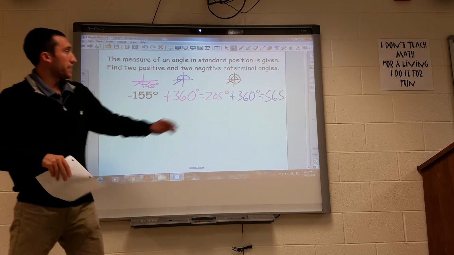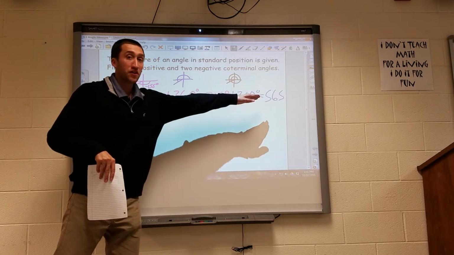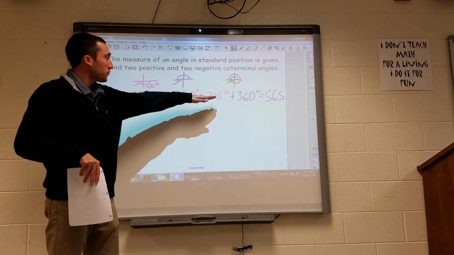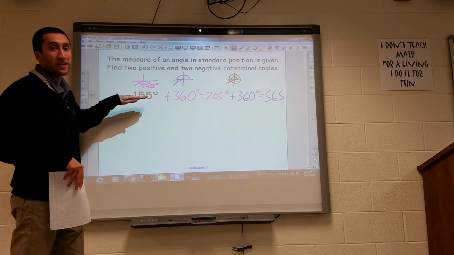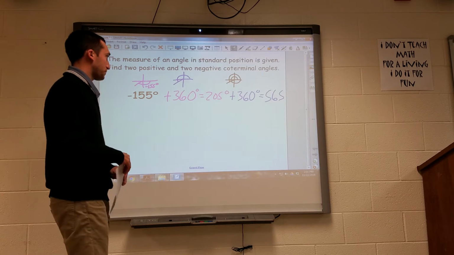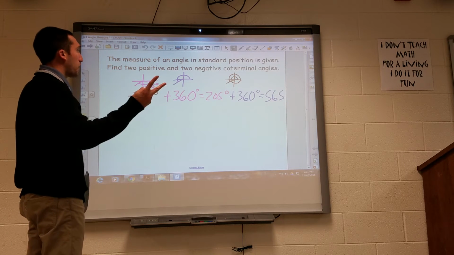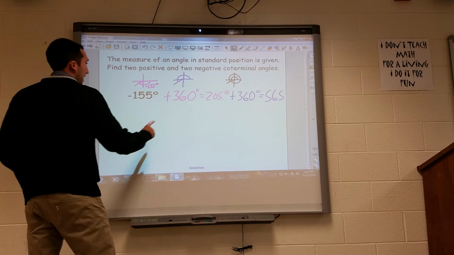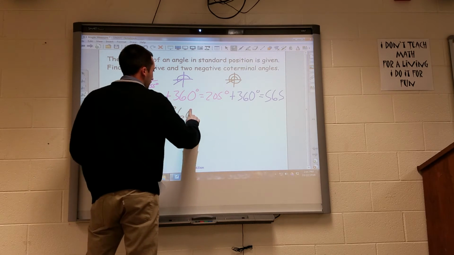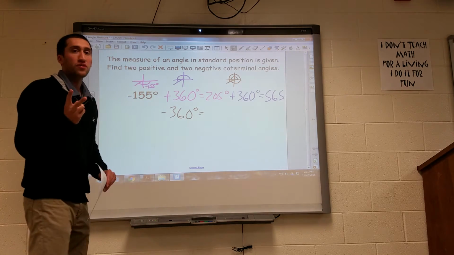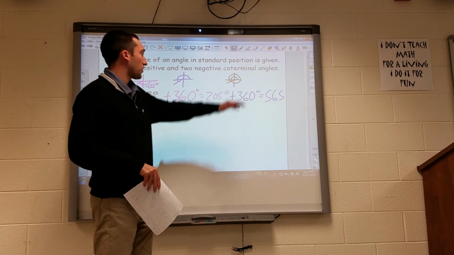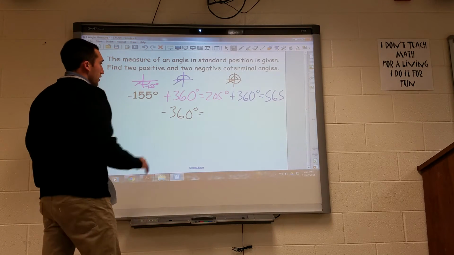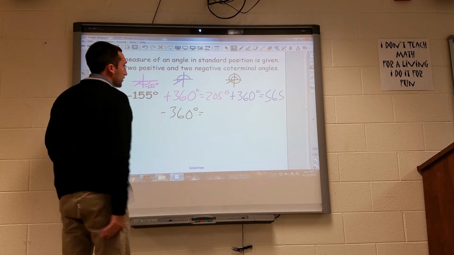So you'll notice that 565 degrees ends at the same angle as 205 degrees and ends at the same angle as negative 155 degrees. So those are the two positive. Now I'm going to go ahead and subtract 360 degrees to get two negative coterminal angles. Remember, coterminal meaning they end at the same point. So all three of these angles end at the same point.